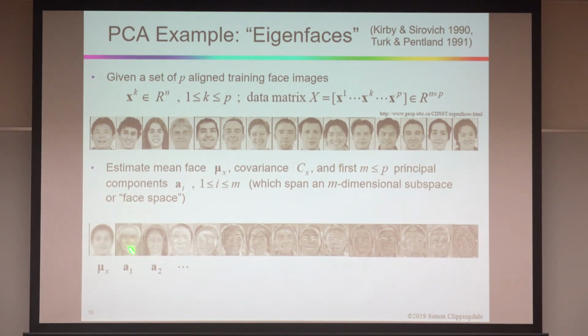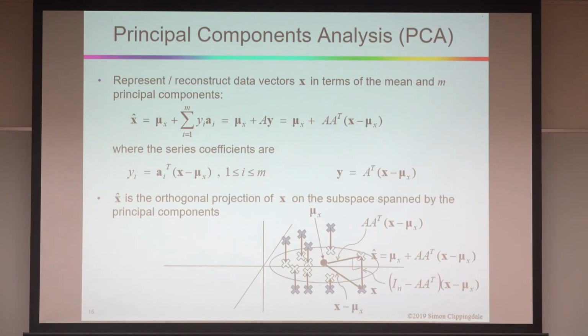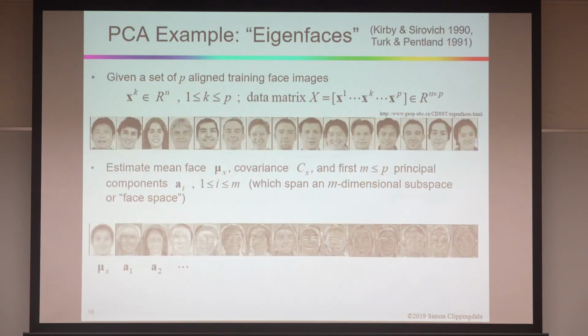If you recreate a face as a weighted sum of these components like this, so you've got the mean plus a certain amount of each of these principal components. So here's the mean plus a certain amount of this image plus a certain amount of this image plus a certain amount of this image and so on is the reconstruction.